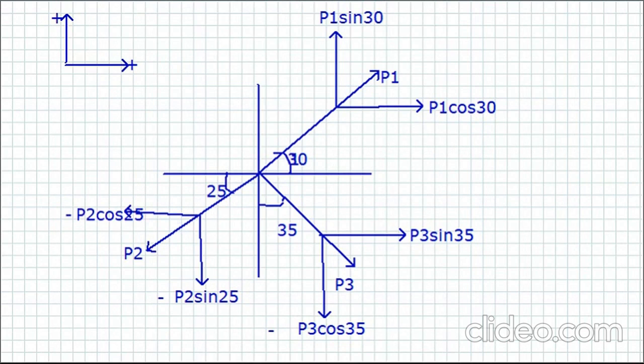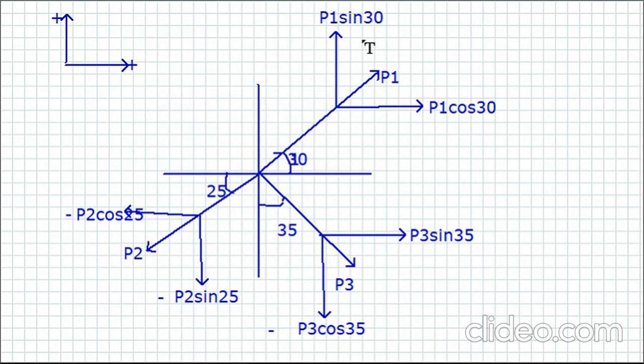So in this way the forces get resolved into horizontal and vertical components, and finally to determine the resultant we take the summation of all the horizontal components, that is P1 cos of 30 plus P3 sin of 35 minus P2 cos of 25, which equals Rx.